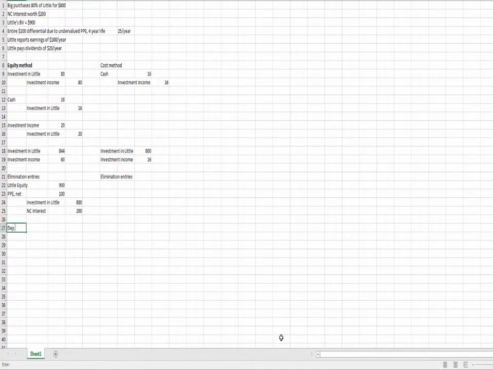A for amortization, same as always. I for investment income, we've already determined that that's going to be that $60 up there.